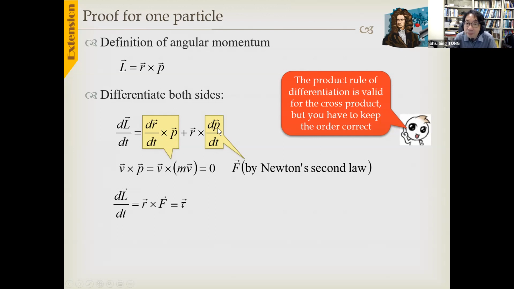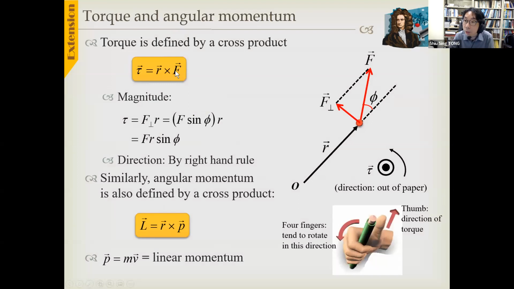For the second term, you have dP/dt. But dP/dt is the force F by Newton's second law, right? So you have R cross F on the right-hand side. But as my definition says, R cross F is the torque. That's how we define a torque.